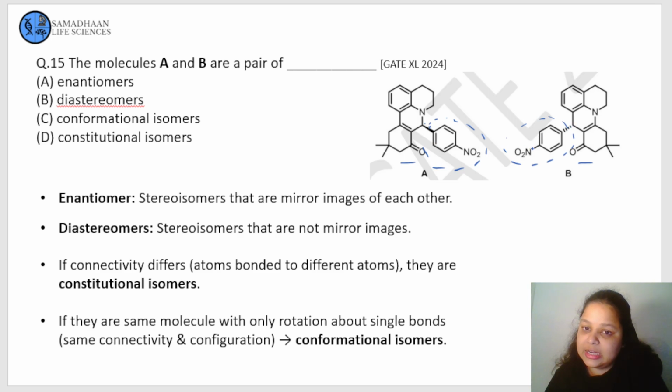So connectivities are different. So these are constitutional isomers, where the connectivity is different. So option D is the correct answer. But if the connectivity is the same in the molecules, then you have to check for stereoisomerism. If they are mirror images, then they are enantiomers, and if they are not mirror images, then they will be diastereomers.